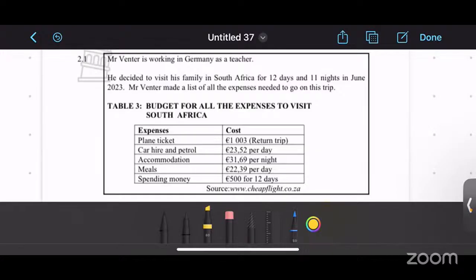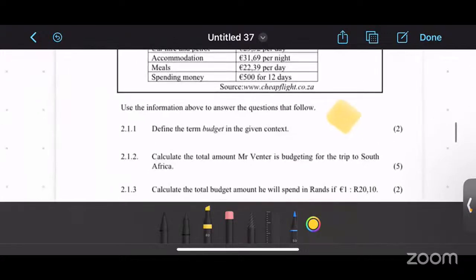Where it's the cost per day, you multiply with the number of days. Where it says per night, you multiply with the number of nights, and you're supposed to get the amount that you got.